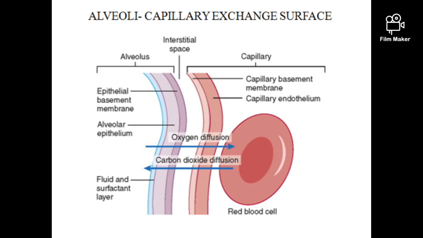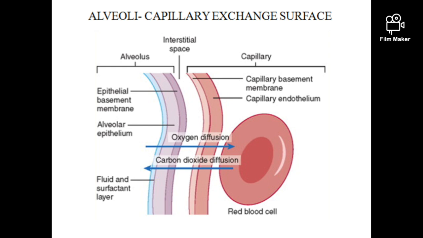So here, in this particular region, the alveolus internal side has oxygen rich air, and the capillary side has RBC, which is oxygen depleted. So by diffusion, the oxygen from the higher concentration region will move into the lower concentration region.